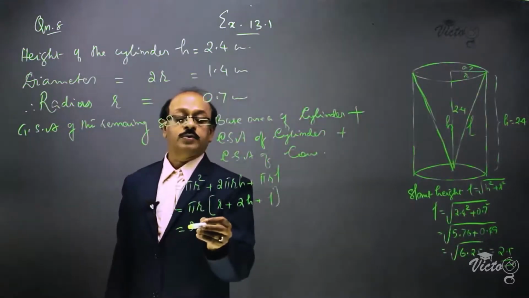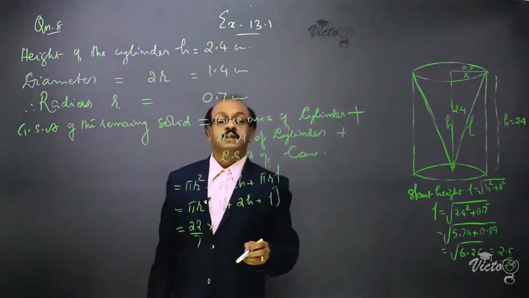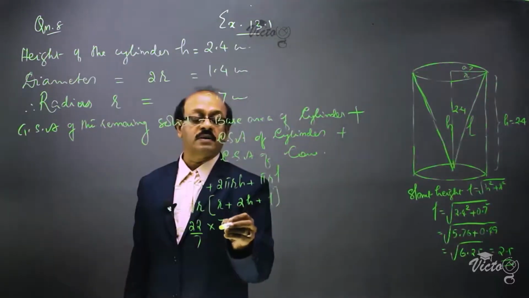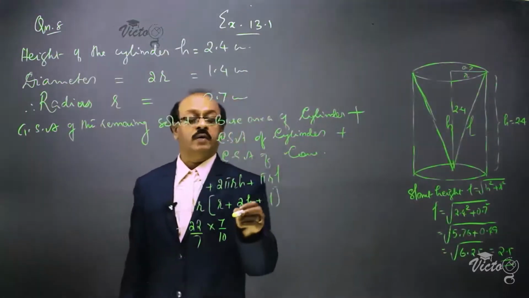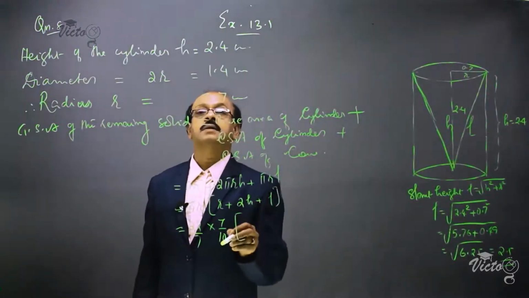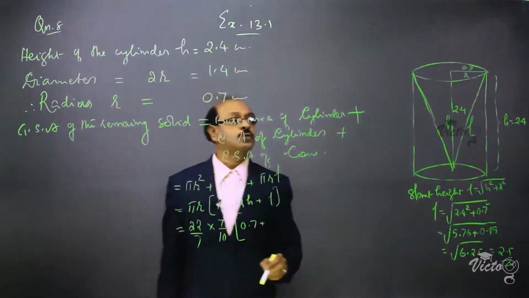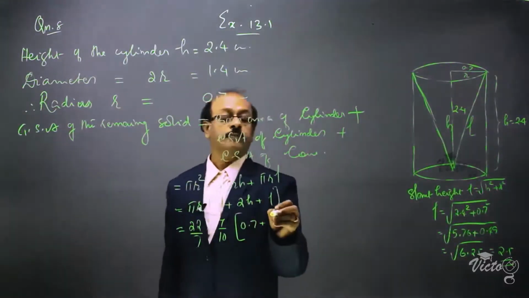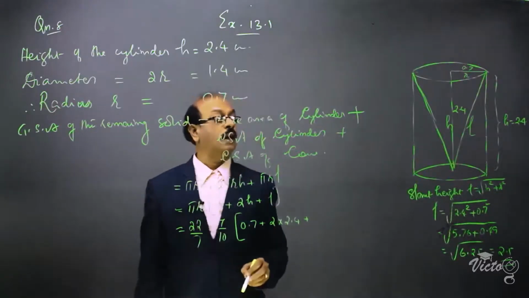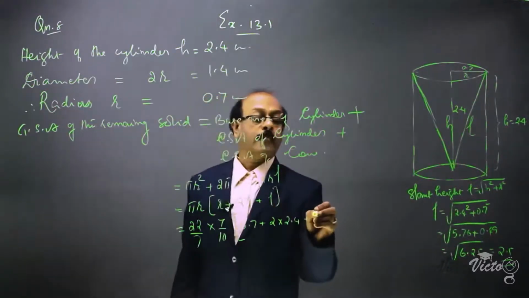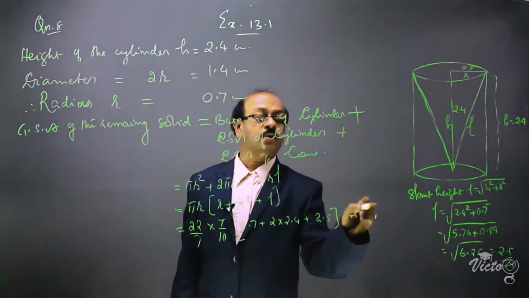Now we are giving the values. Pi is equal to 22 by 7 and radius r is equal to 0.7, which can be written as 7 by 10. Now we are giving r as 0.7 plus 2h, 2 into 2.4, plus L, which is equal to 2.5 centimeter square.